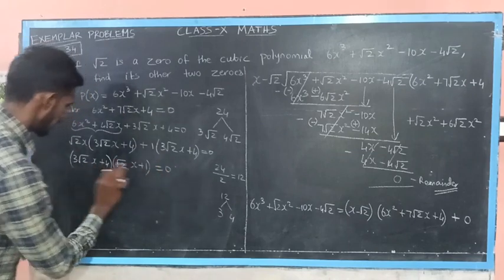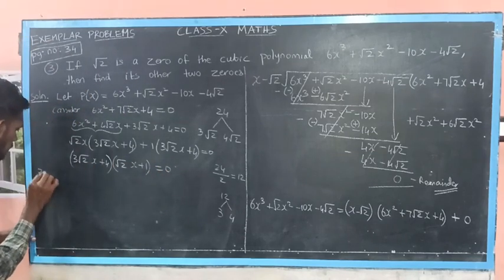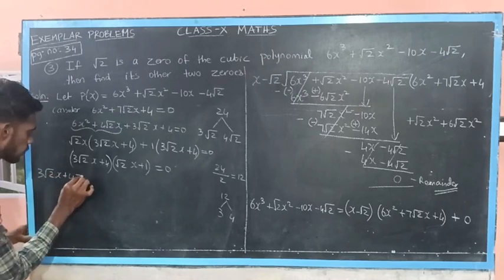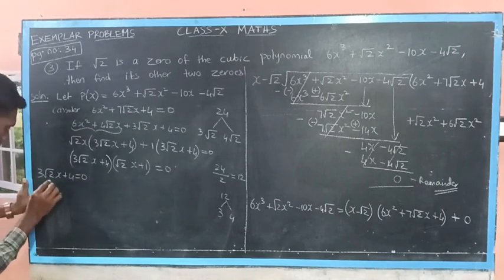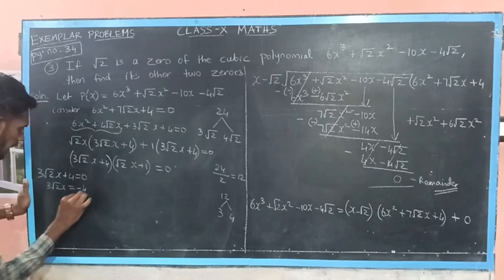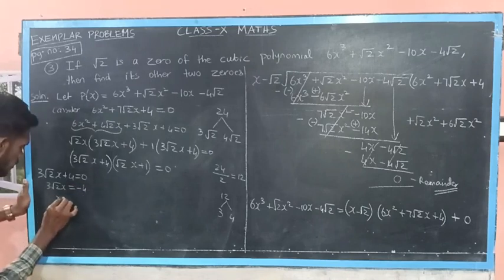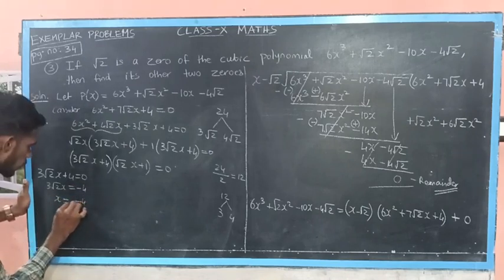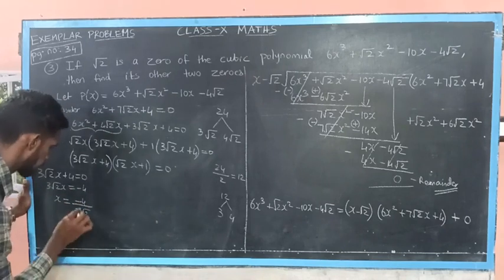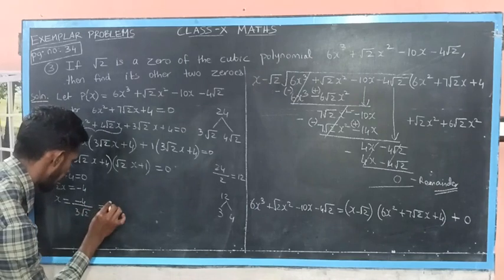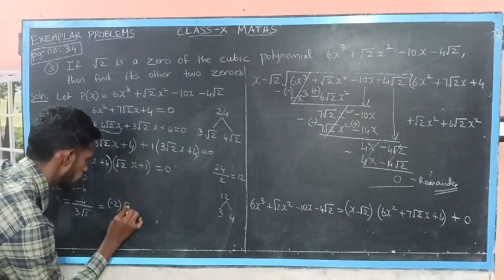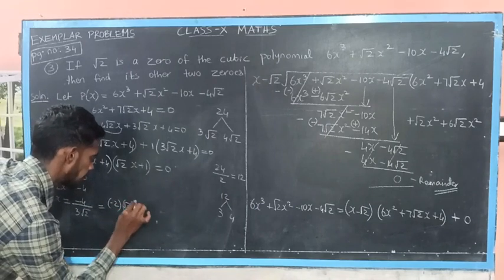So on separately equating the factors to 0, we will be getting 3 root 2 x plus 4 is equal to 0. So this means that 3 root 2 x is equal to minus 4. So x is equal to minus 4 by 3 root 2. Okay. So we can write minus 4 as minus 2 into root 2 into root 2.